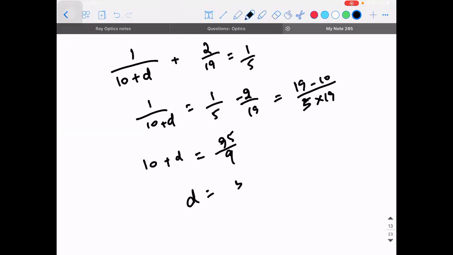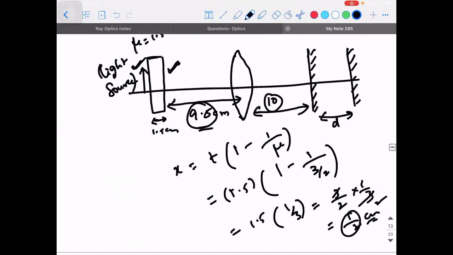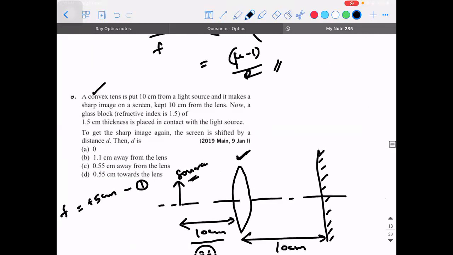You get 95 minus 90, 5 divided by 9. So 5 divided by 9 is 0.5555 something. So this is the answer. Option 0.55 centimeter away. See, they gave towards also.